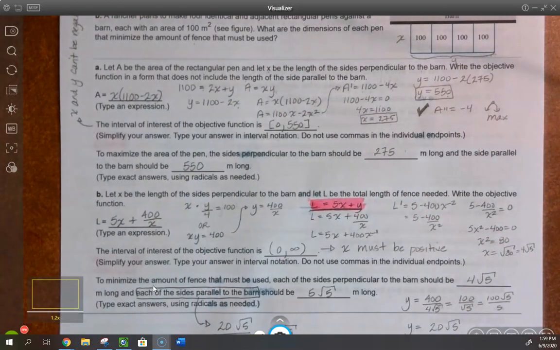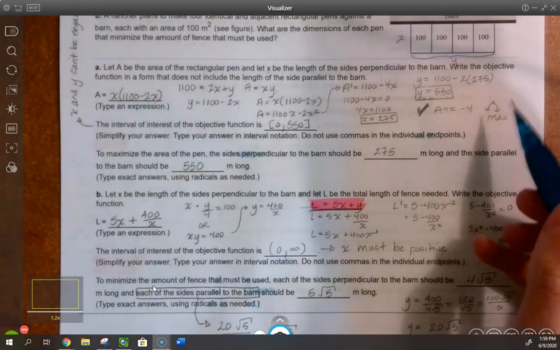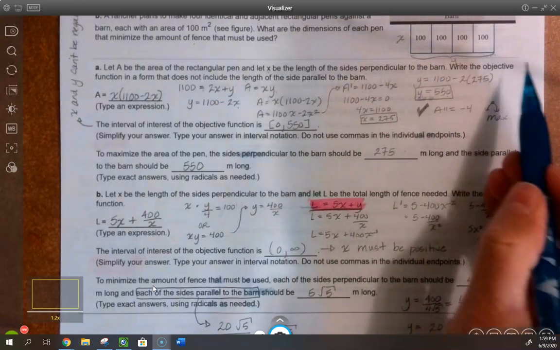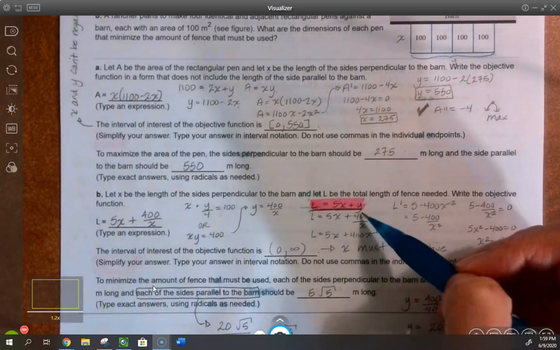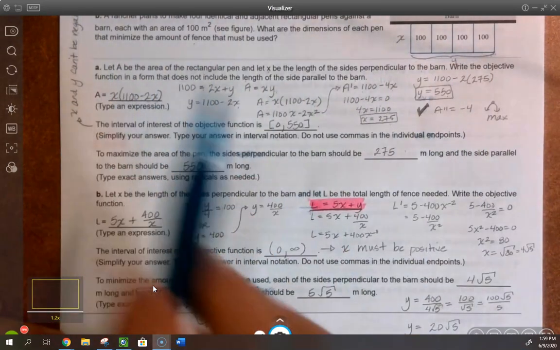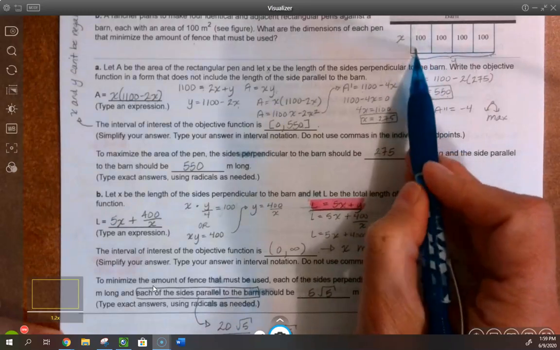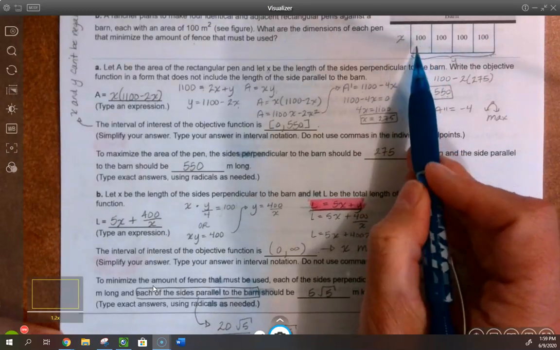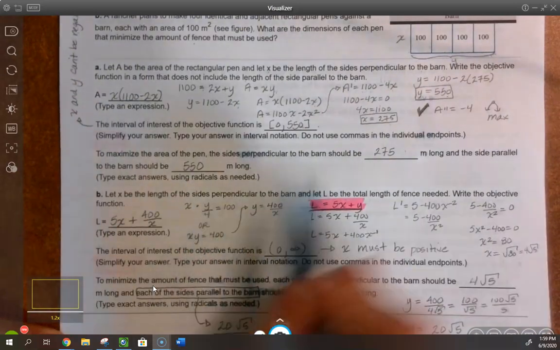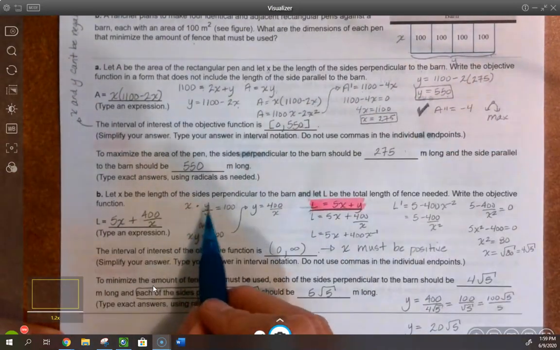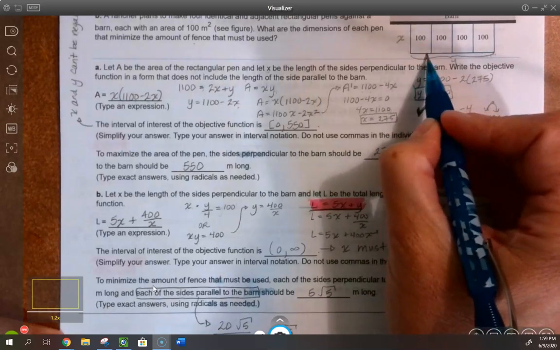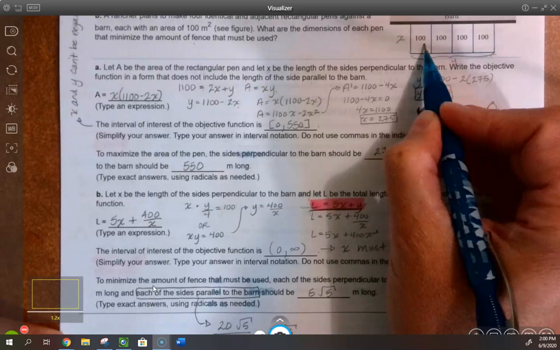If you labeled this little piece right here as y, then you would have had 5x plus 4y as your length. My constraint is that I know that each of those little boxes has to have an area of 100. And so I say x times this length, which in my case is y divided by 4, has to be equal to 100.